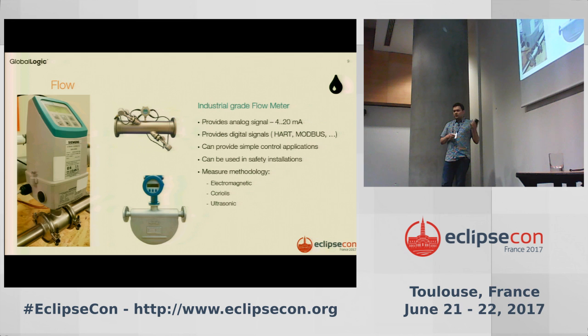It is based on the Coriolis physical effect, and based on the different behavior of the water in two pipes and the frequency of the movement of those pipes, we can deduce the mass and the volume of the liquid.